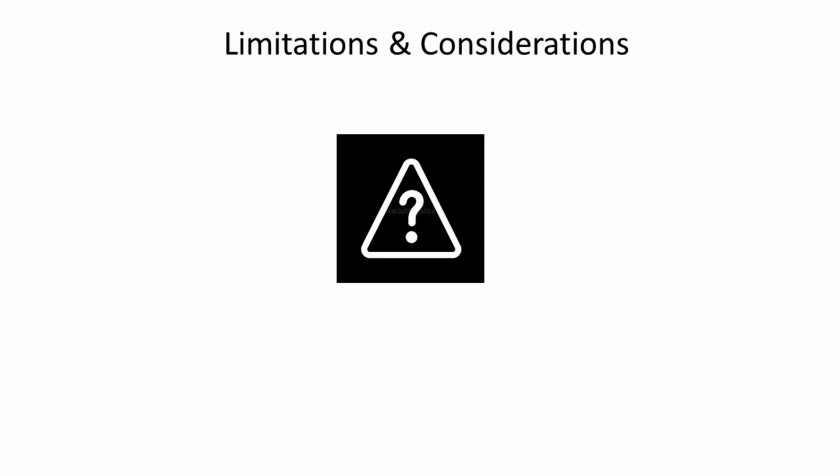Ensure proper permissions and data handling. Unstructured data challenge. Extracting specific, complex information from free-form email bodies can be challenging and might require advanced parsing techniques. Real-time versus scheduled refresh. Direct real-time connection to Gmail is often not feasible or practical. You'll typically schedule data refreshes.